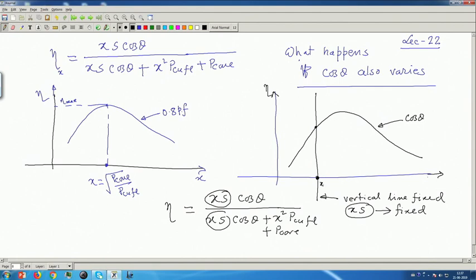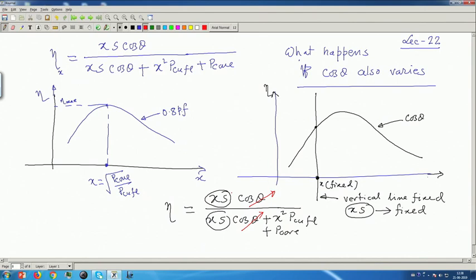A fixed value of x into S. x is fixed now, and then I vary theta. Power factor I will vary, and I want to see at a given kVA, at what power factor efficiency will be maximum.